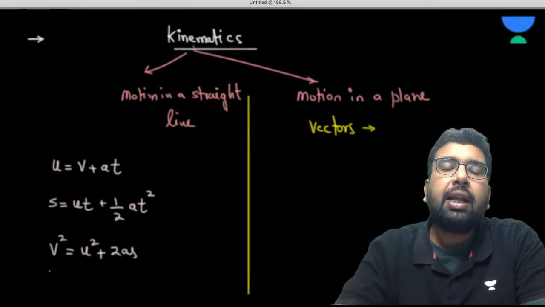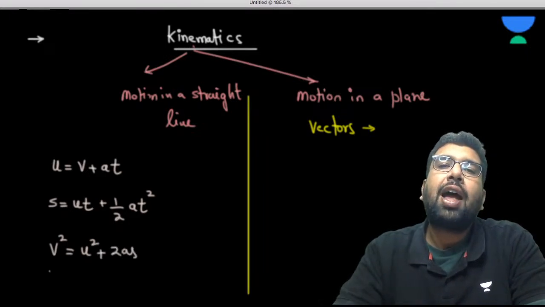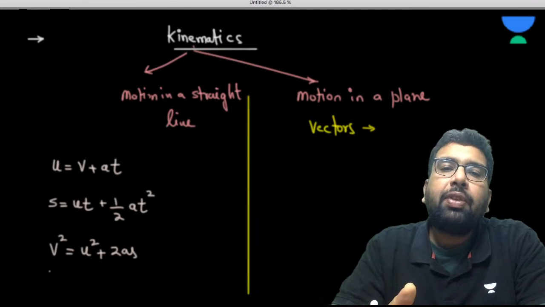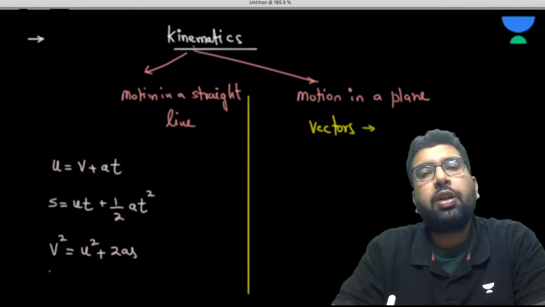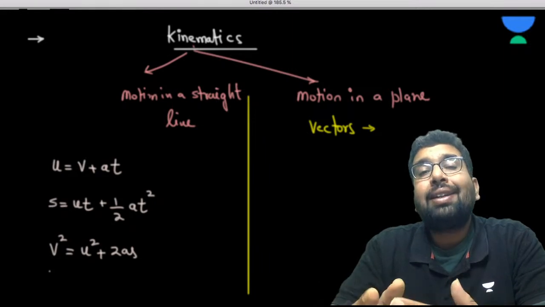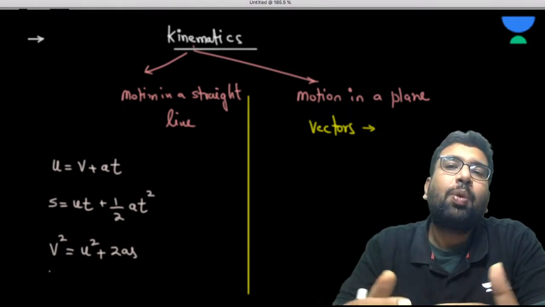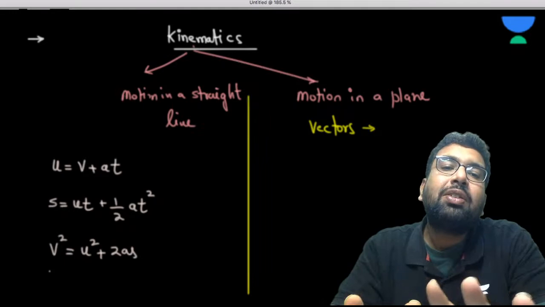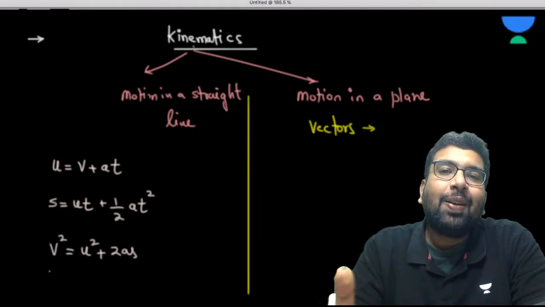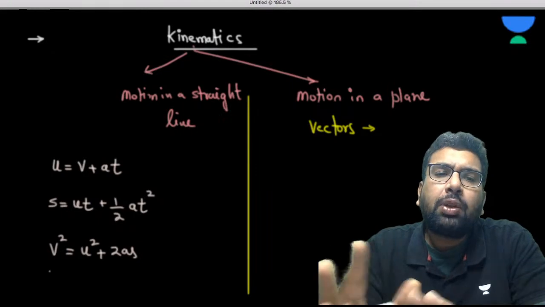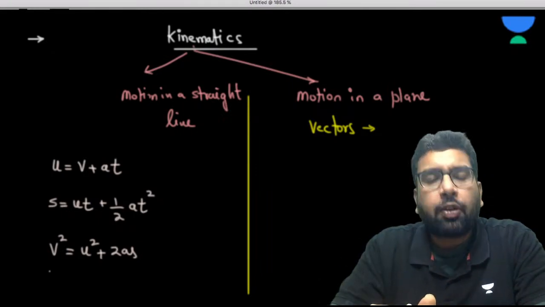These are the equations that we have derived previously, and we are going to use them to understand motion and deal with motion problems. Further, these equations are also going to be used in projectile motion, when we talk about motion in a plane, so these are widely used equations.